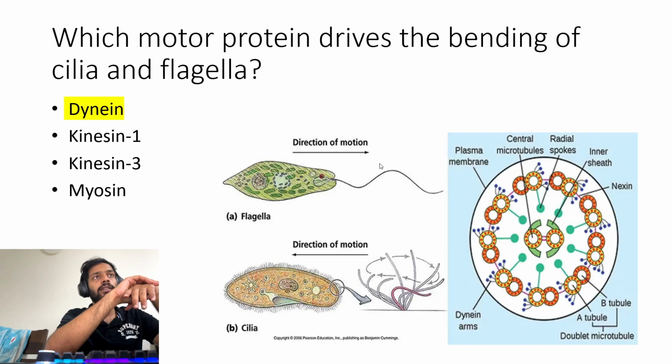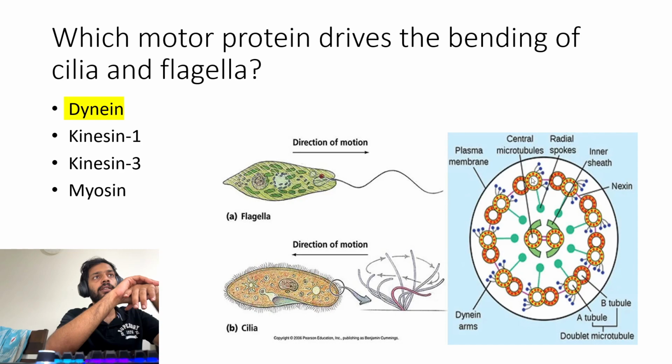So if we look at the microstructure of the cilia and flagella, at the base, what happens if you look at the structure across a cross section? You see this A tubule and B tubule, right? These are flanked by these thread-like structures.